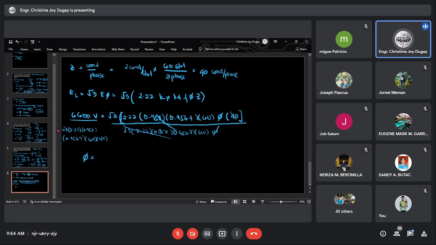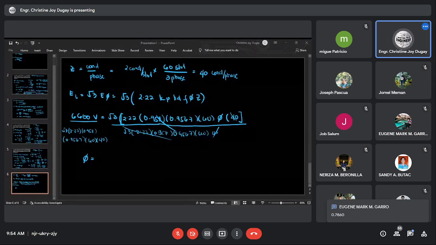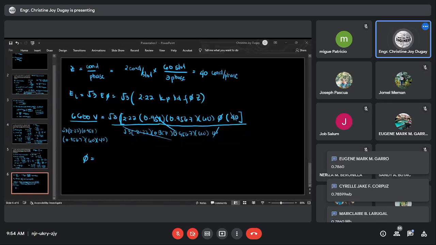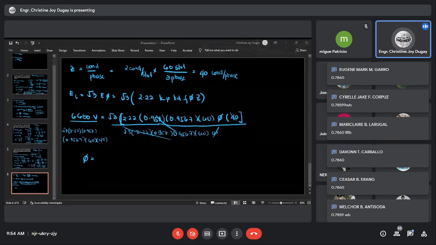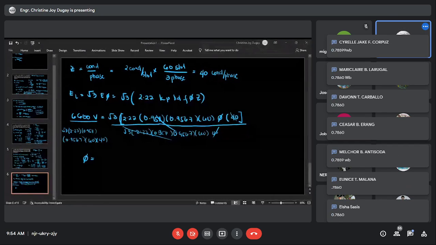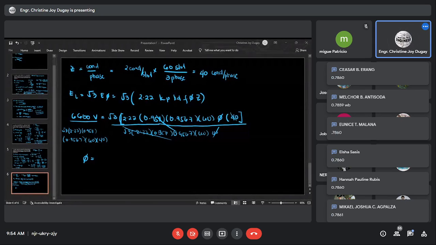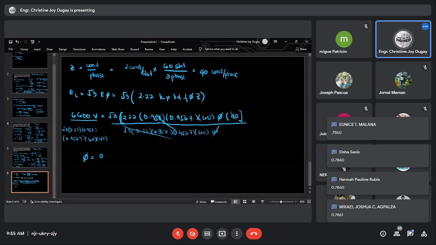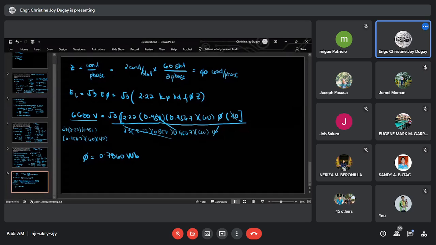So, what is now the value of flux? Ilang Weber siya or milliweber. So, according to Eugene, we have 0.7860. Ayan. So, same kayo lahat. Ayan. 0.7860 Weber.